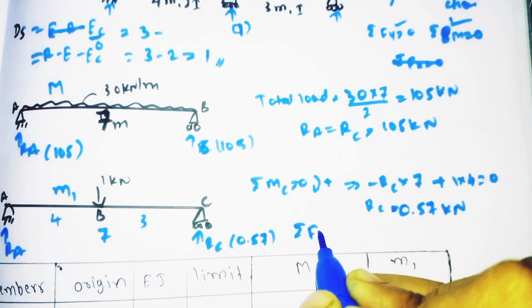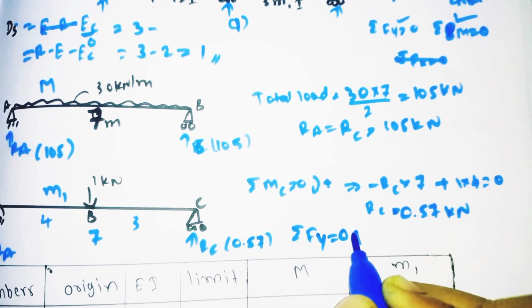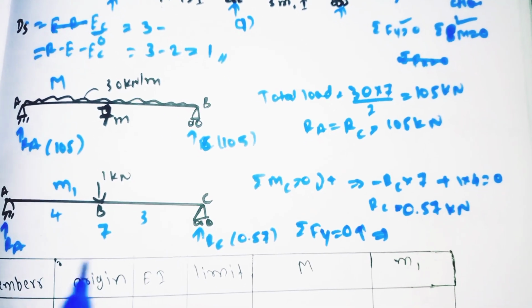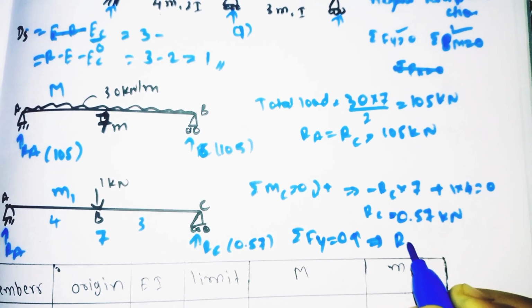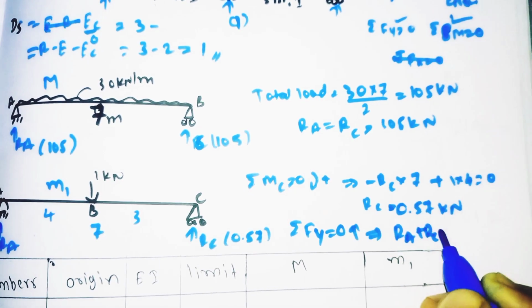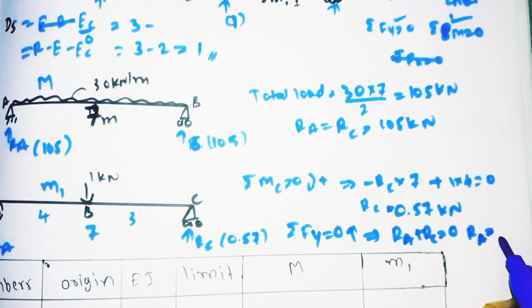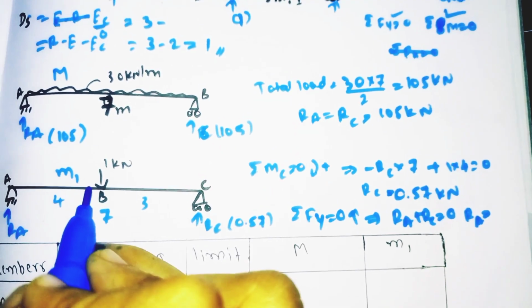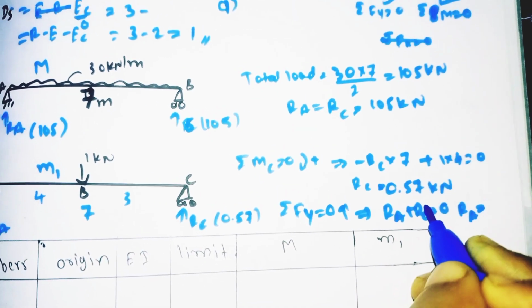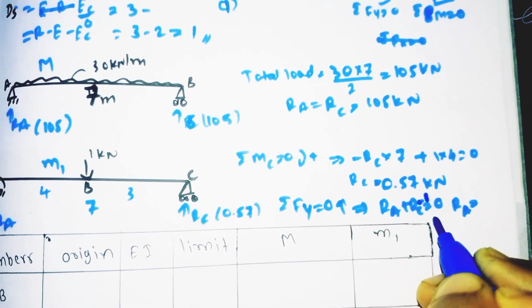Summation of all the vertical forces is equal to 0. Upward we need to take the positive. Here RA and RC are moving upward. So RA plus RC is equal to 0. RA is equal to, so one more load is coming down, it means minus 1 will come.